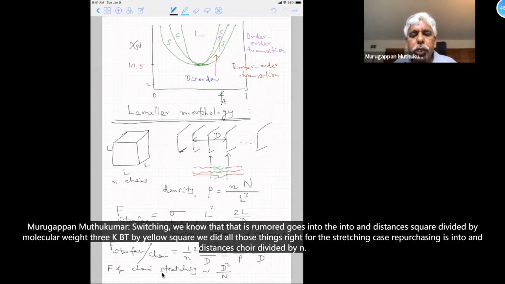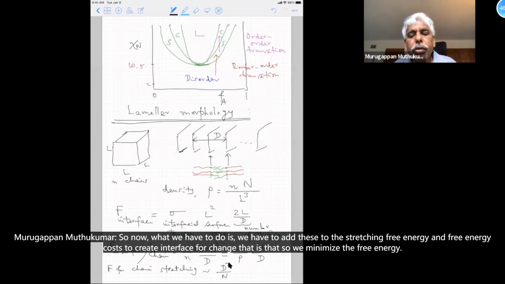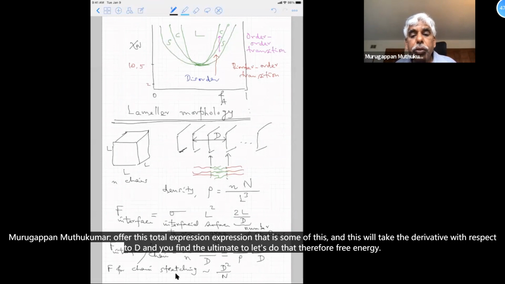For the stretching case, free energy per chain is end-to-end distance squared divided by N. So now we have to add these two: the stretching free energy and the free energy cost to create interface per chain. We minimize the total free energy, the sum of this and this. We'll take the derivative with respect to D and we find the optimum.